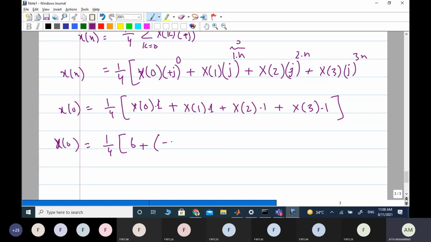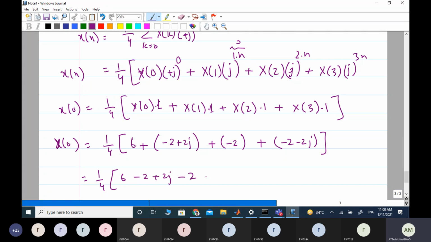I remember even the values: plus X of 2 is minus 2 and plus X of 3 is minus 2j. So 1 by 4 and 6, plus into minus gives minus, plus into plus gives plus, plus into minus gives minus, plus into minus gives minus.